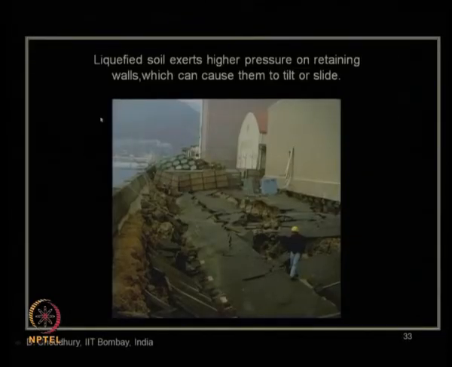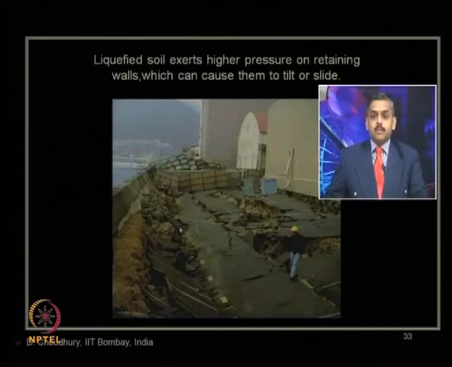Liquefied soil starts exerting higher pressure on the retaining wall. Why? Because when we design a retaining wall, it is supposed to withstand the earth, and as we know, in the active state the earth pressure coefficients are typically less than 1, whereas if the soil starts behaving like a liquefied material, it is nothing but a fluidic material.